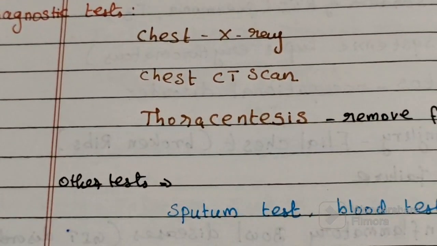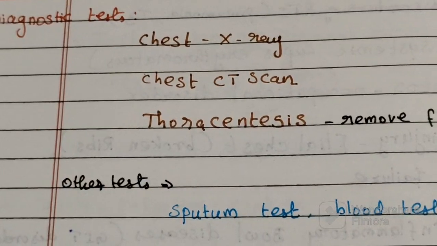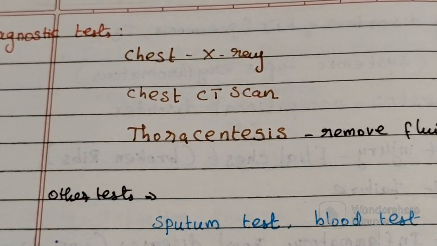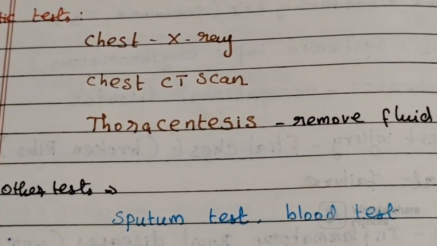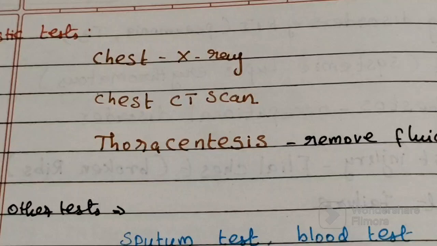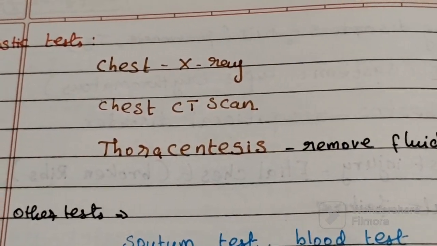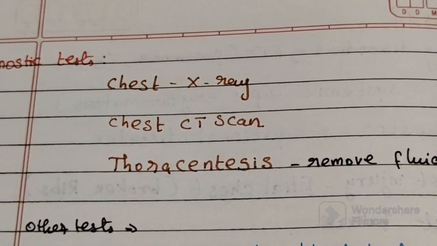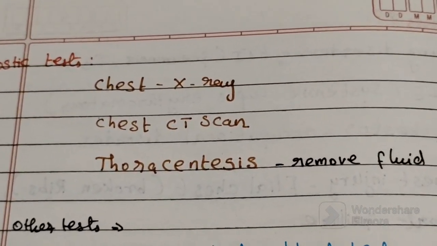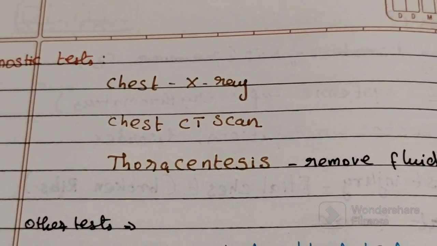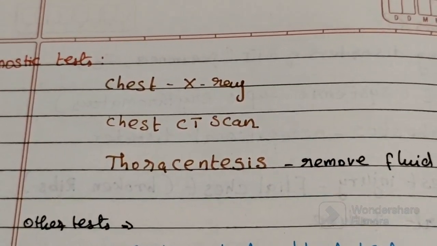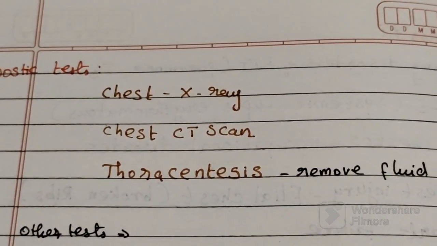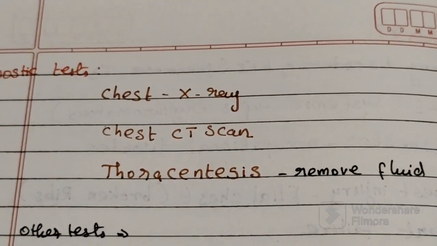Next, what diagnostic tests does the doctor recommend to detect whether the patient has pleuritis or not? Chest X-ray. This X-ray can detect any fluid accumulation in the pleural layer, any rib cage damage, or any damage to the lungs.